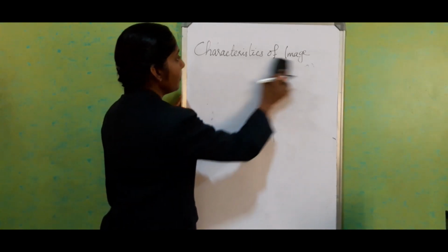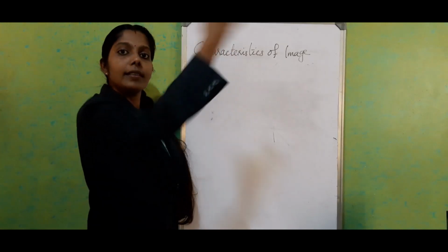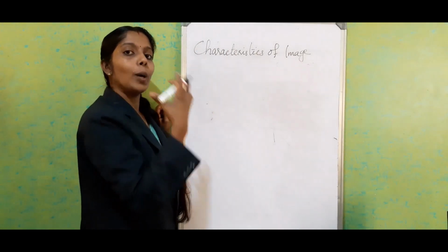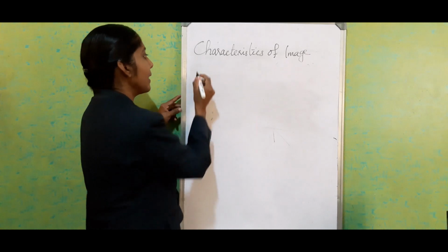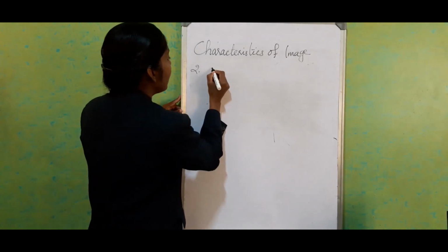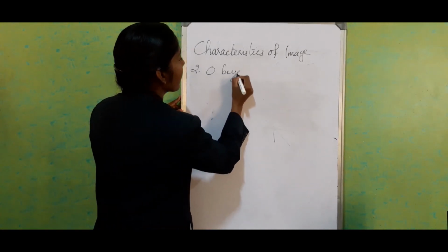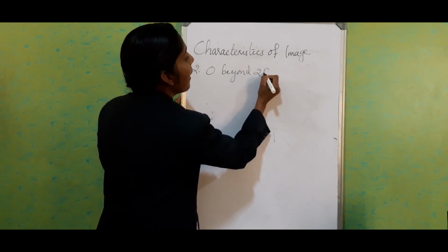Now second condition. It was at infinity, now slowly the object is moving towards the lens. Second one, object is beyond 2F1.